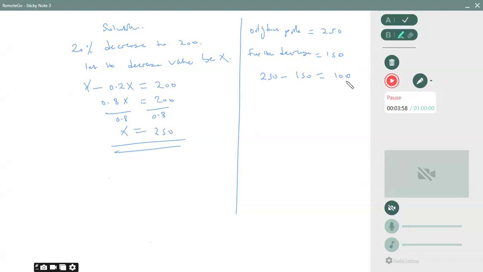Now, the percentage decrease: we take this difference, the 100, divide it by the original, and then times 100. What's the value? 40. So the answer is 40%. The decrease.